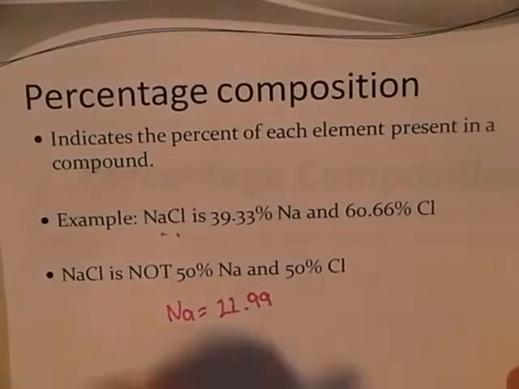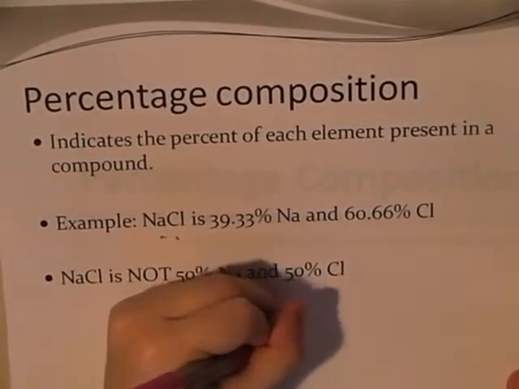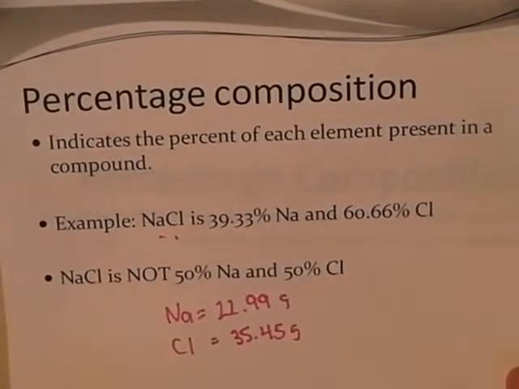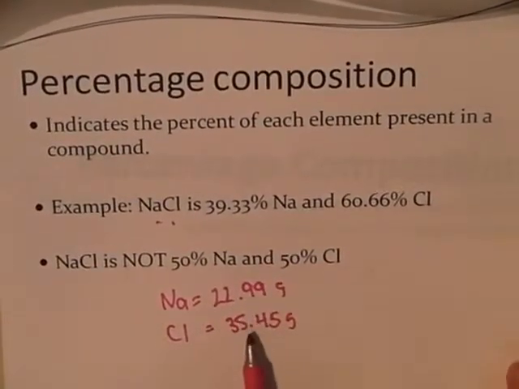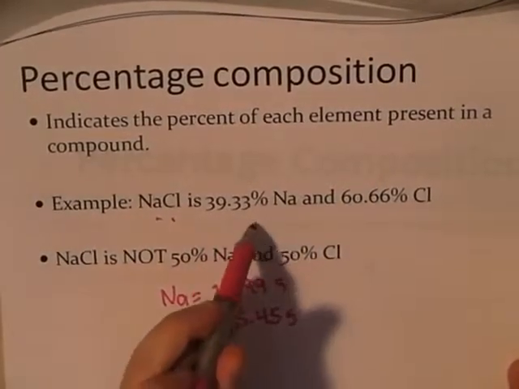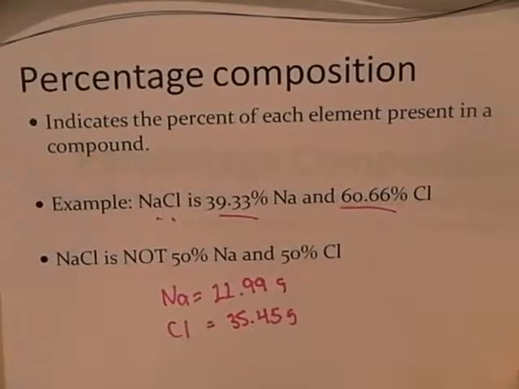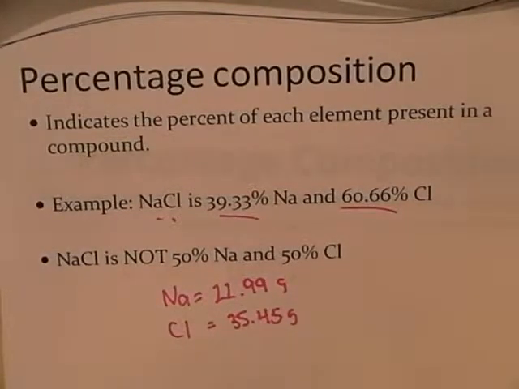And chlorine is 35.45, right? They're both grams. So these can't be half and half because they're not the same mass. So that's why these percentages have to be calculated. You can't just estimate them because of their masses. If every element weighed the same, then absolutely it would just be 50-50. But we know they don't. They all have different masses. So that's what we have to take into consideration.